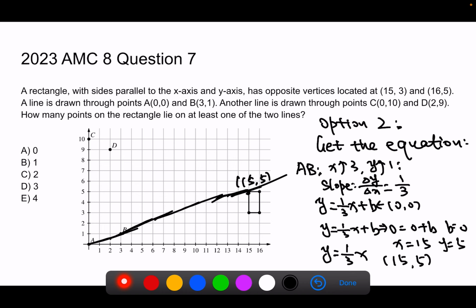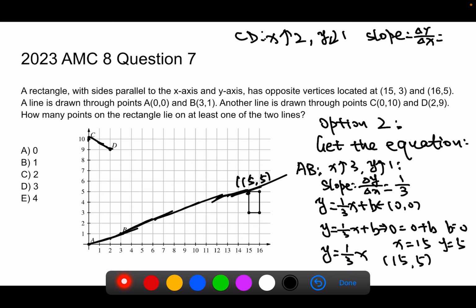And similarly for CD, x increased by 2, y decreased by 1. So what would be the slope? You probably get it.